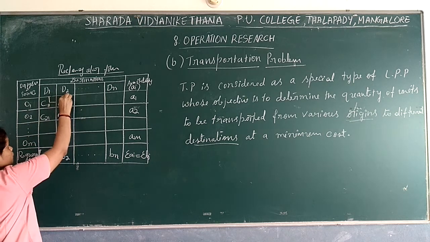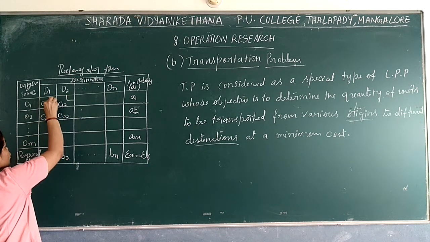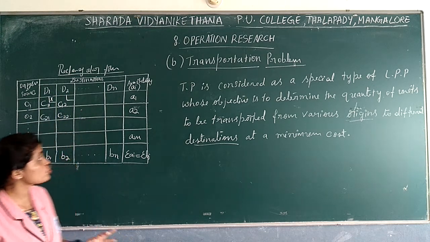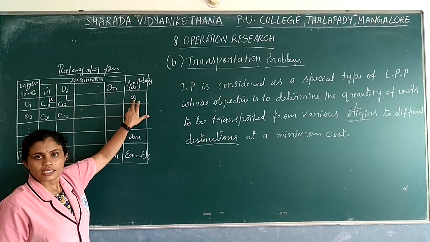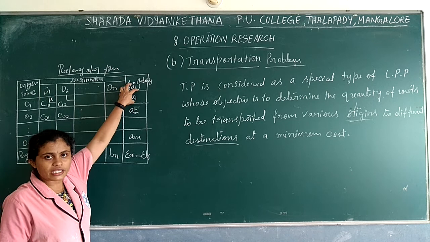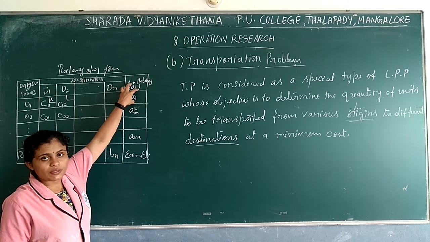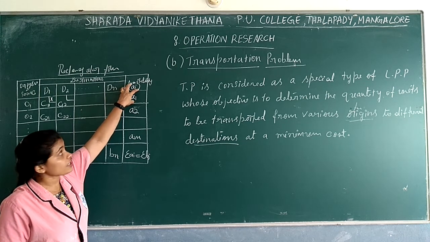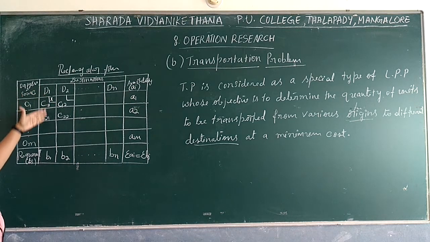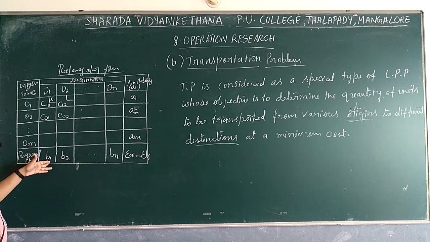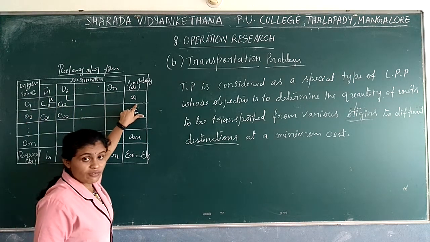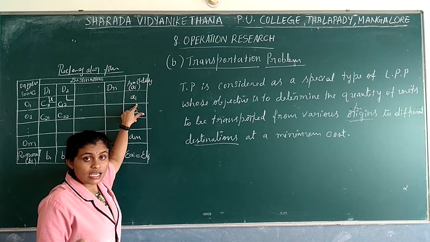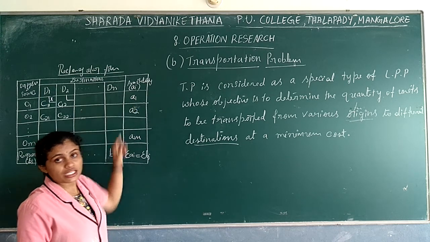What allocation we do means, based on what is available in the factory and what are the requirements at the destination. These many quantities are available in this particular factory, and this is the requirement. We can allocate based on which one is minimum.